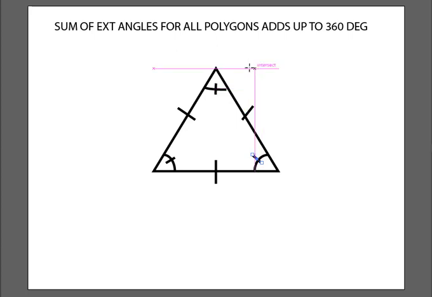Now to find the sum of interior angles, it is very simple. Sum of interior angles for a triangle. In an equilateral triangle, rather, we know that it's equal to what? 180 degrees.